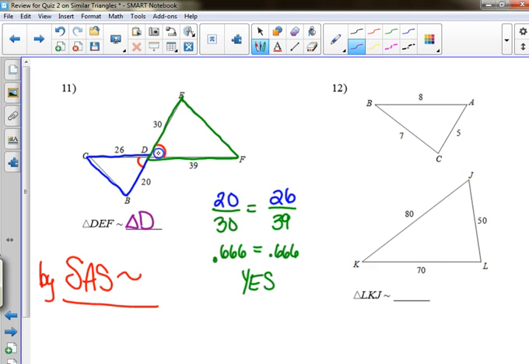D, E, F. They went up the shorter of the two sides here, D to E, the 30. That means we have to go down the shorter of the two sides this way. So D, B, C. They went around this way, this way. So we have to use the 20 and 30 to match up here.